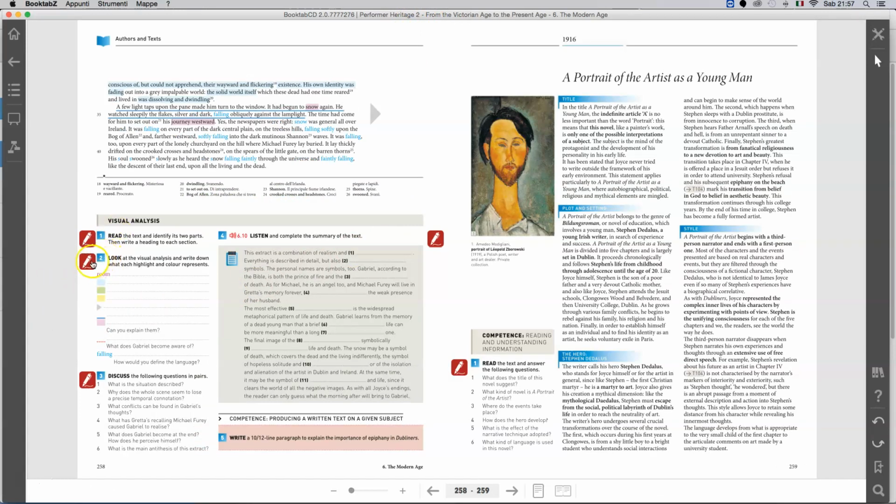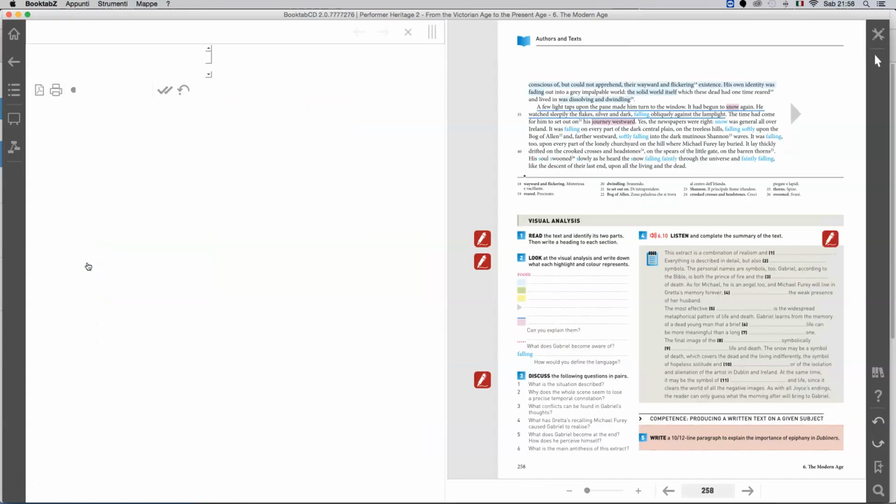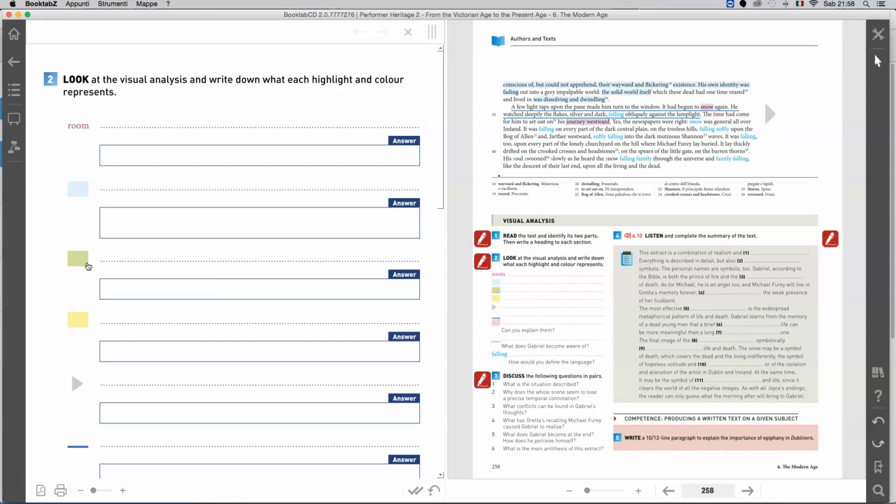After this, we can identify a visual analysis, and the words highlighted in different colors represent different meanings.